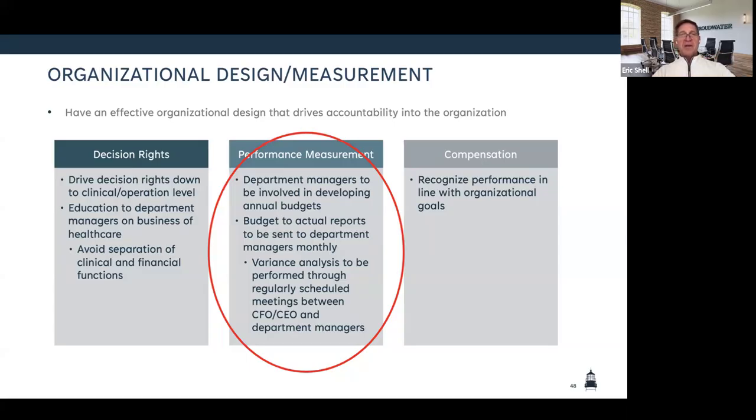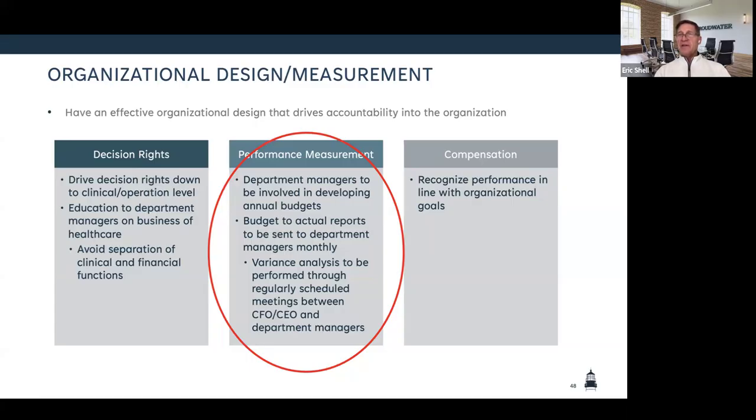And so the theory says that effective organizational design starts with where do we in the organization have to set decision rights? Are we able to centralize decision rights, or do we have to push decision rights down into the bowels of our organization?